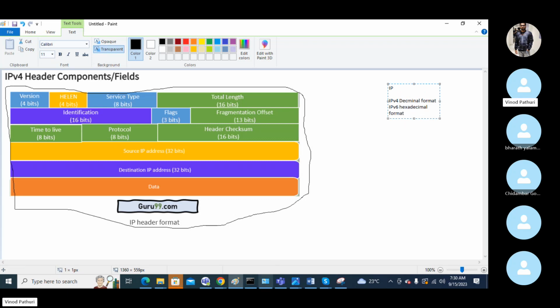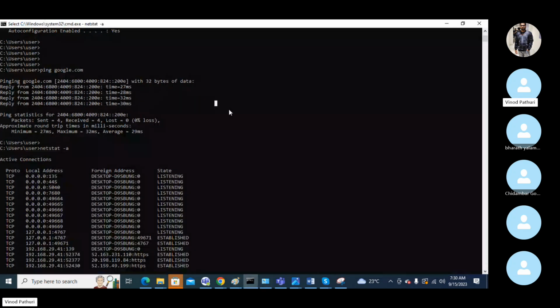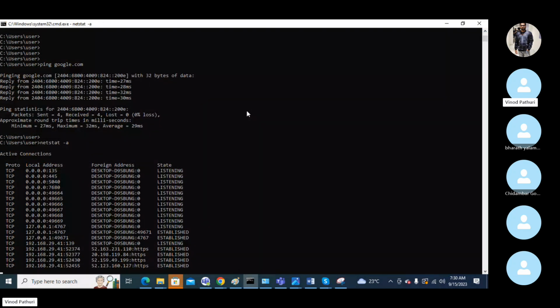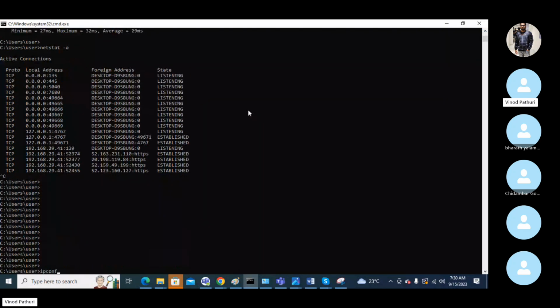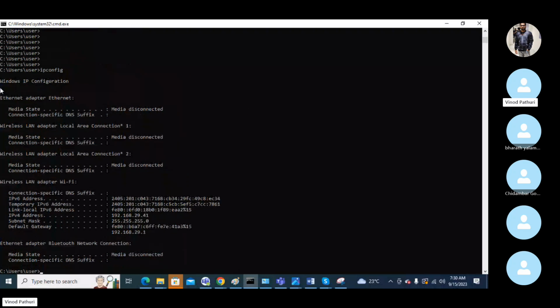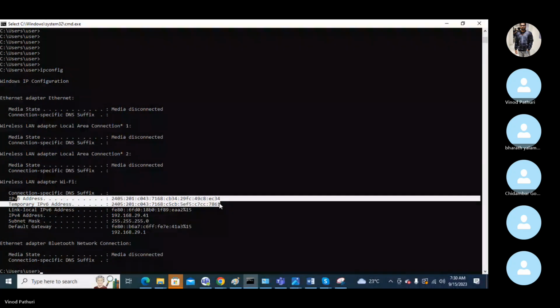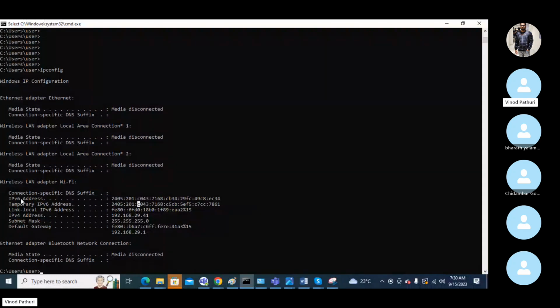If you want to see, just go to the command prompt and type ipconfig. Here I'm getting an IPv6 address, and this is our IPv4 address.